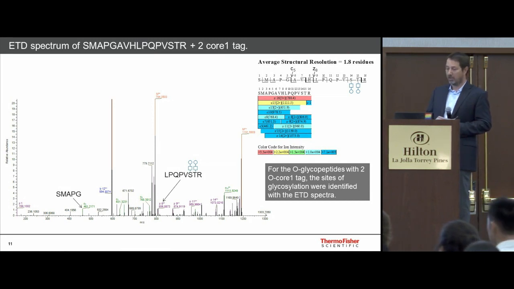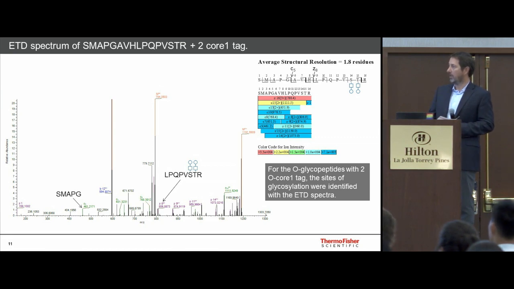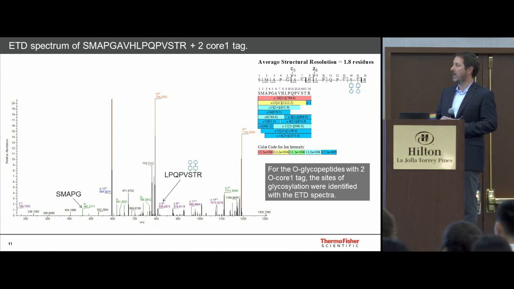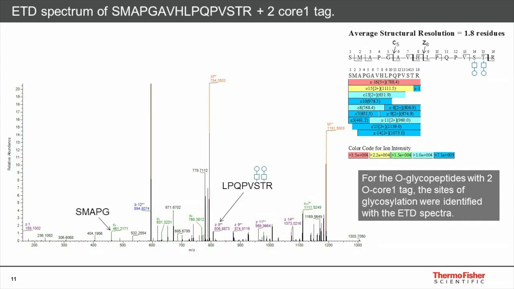So now if we look at the one with 2 core 1 tag. Again, there are 3 sites. If I call them A, B, and C, you could have AB, AC, or BC. So you have 3 possibilities, and you want to know which ones are occupied.